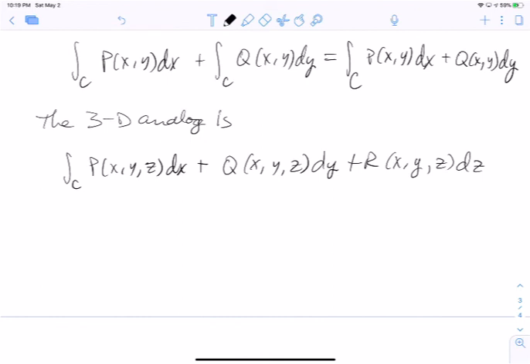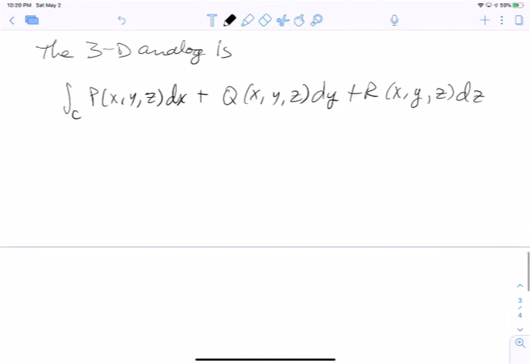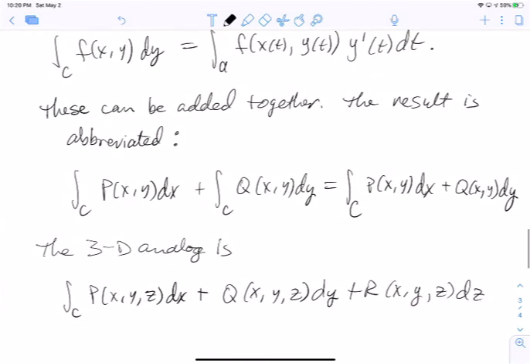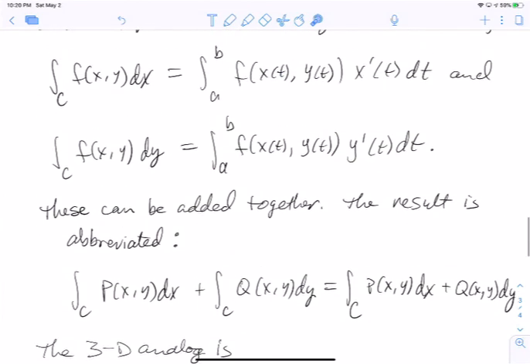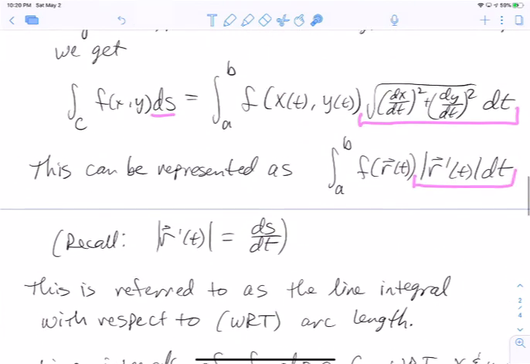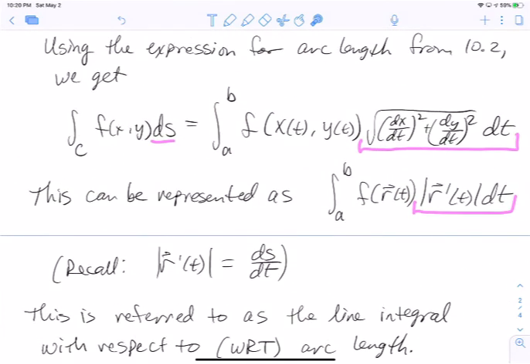Now, as I was saying above, we're going to end up with things in terms of t. When we're looking at things from the perspective of f(x(t), y(t)), and then our x'(t), y'(t), and even further back when we talk about ds, all of this stuff is in terms of t.